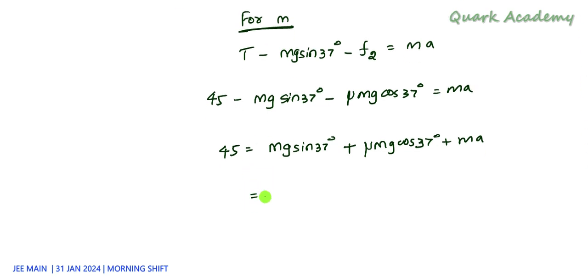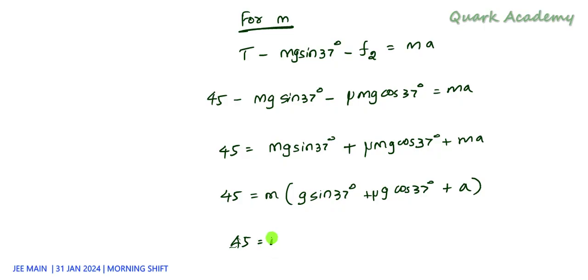So we'll take m outside and the remaining things are g sine 37 plus mu g cos 37 plus a, which is equal to 45.